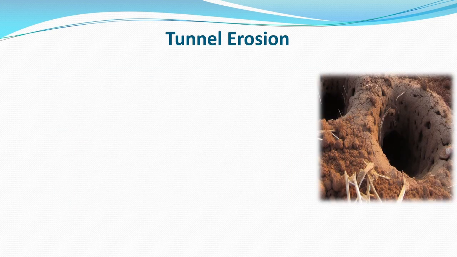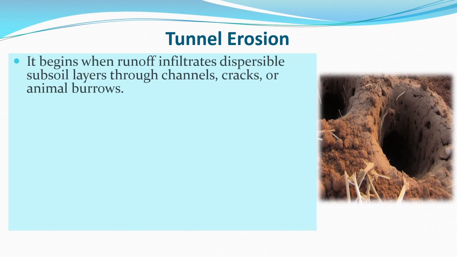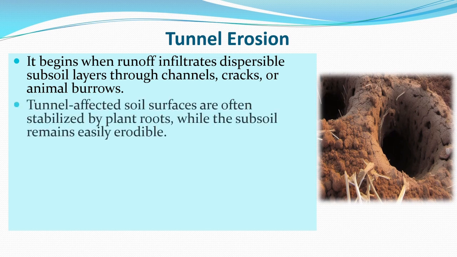Next. It begins when runoff infiltrates into this dispersible subsoil layers through channels, cracks, or animal burrows, and it starts becoming bigger and bigger. Tunnel affected soil surfaces are often stabilized by plant roots while the subsoil remains easily erodible.